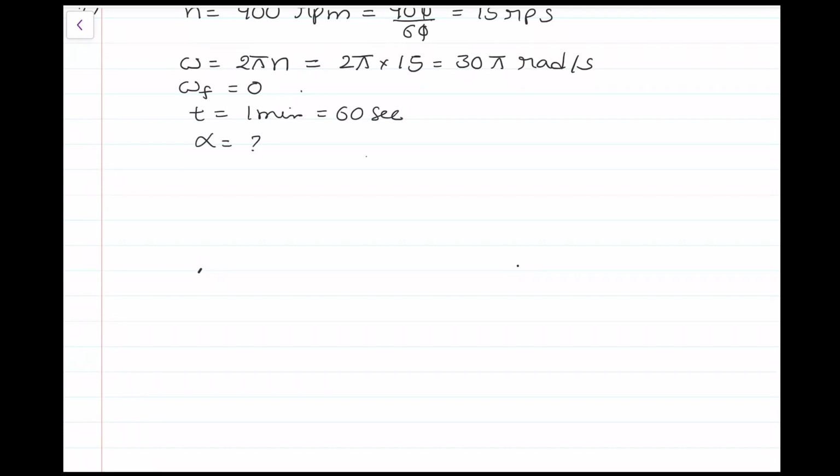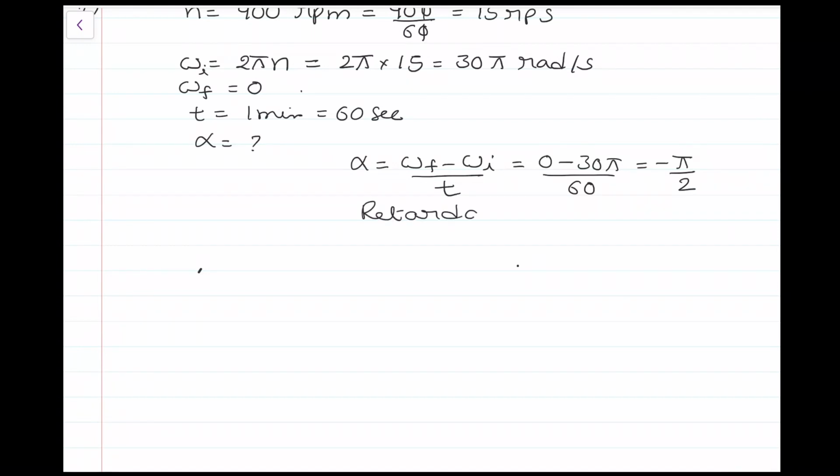We can find it from the formula acceleration alpha equal to omega final minus omega initial by t, where omega final is equal to 0, omega initial is 30 pi, and time is 60. So, that is equal to minus pi by 2 radian per second square is the acceleration, and we have to find out retardation, meaning the negative of that. So, that is equal to pi by 2 radian per second square.